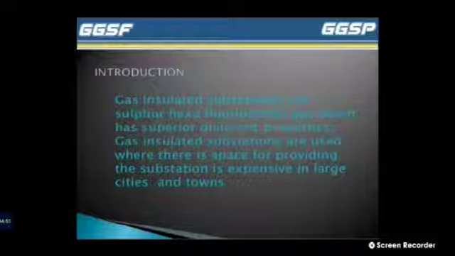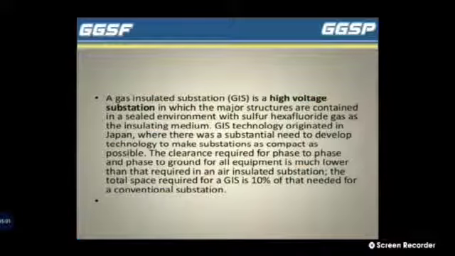Gas insulated substations are used where space for providing the substation is expensive, as in large cities and towns. A gas insulated substation is a high voltage substation whose structure is contained in a sealed environment with sulfur hexafluoride gas as the insulating medium.